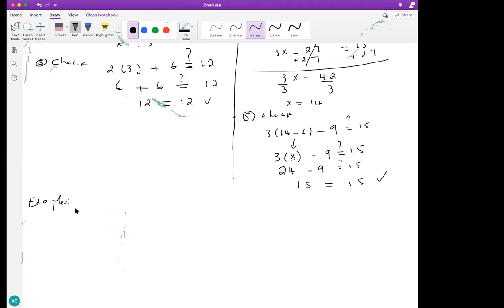So let's do a little bit of a more complex problem here. But before that, let's do the sum of consecutive numbers.